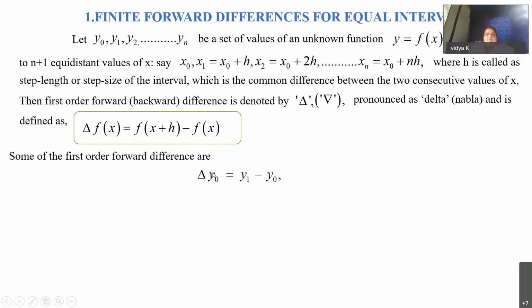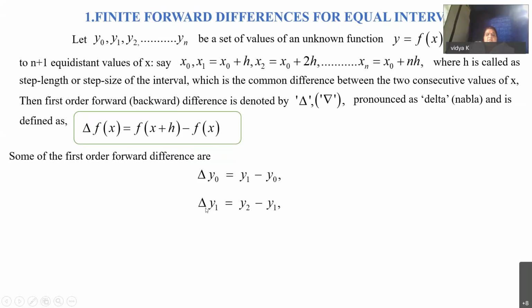You go forward from y0, where you reach y1. So f of x plus h becomes the functional value at the next value after y0, which is y1. So y1 minus the value itself, y0. This is how we define the forward differences.